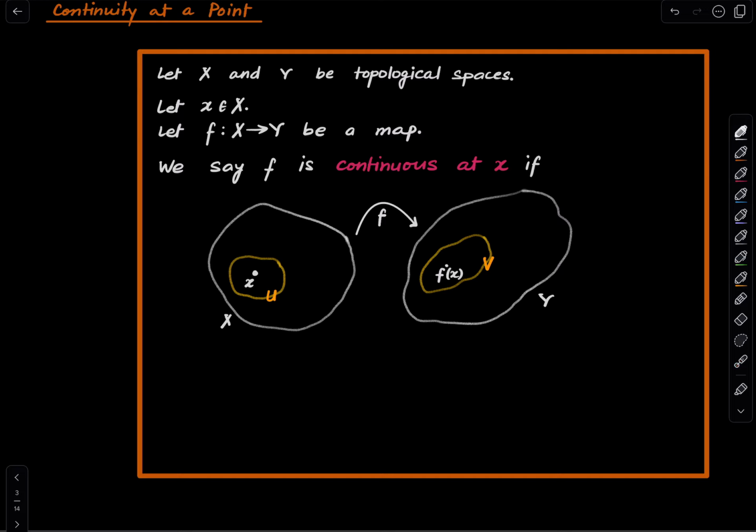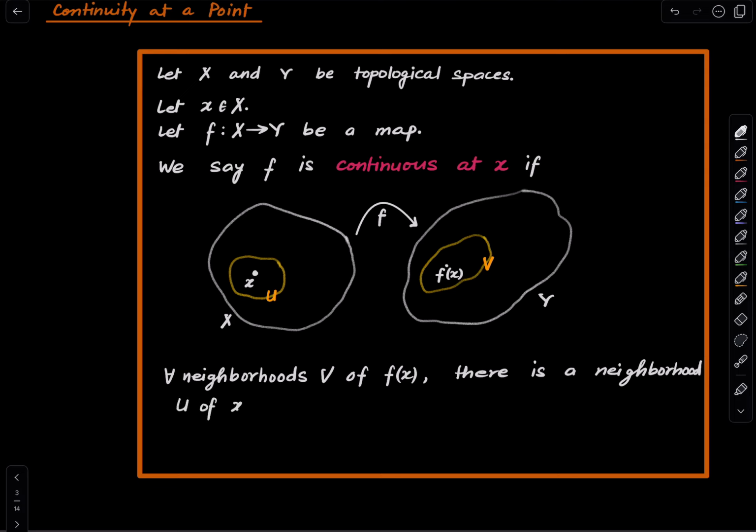So we say f is continuous at little x if for all neighborhoods V of f(x), there exists a neighborhood U of x.